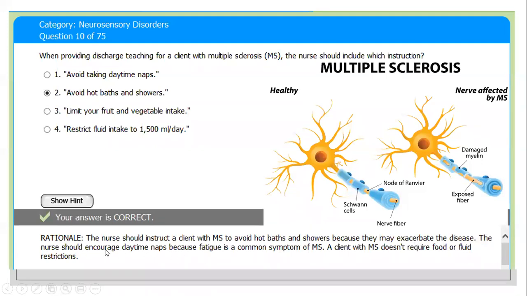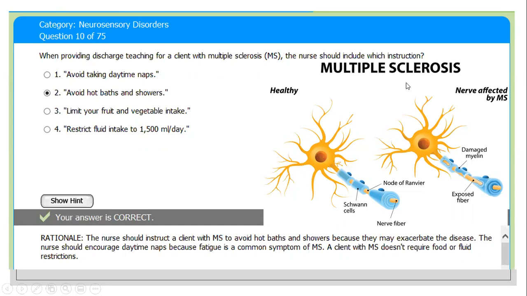The nurse should encourage the client to sleep because fatigue is a common symptom of multiple sclerosis. A client with multiple sclerosis does not require food and fluid restriction.